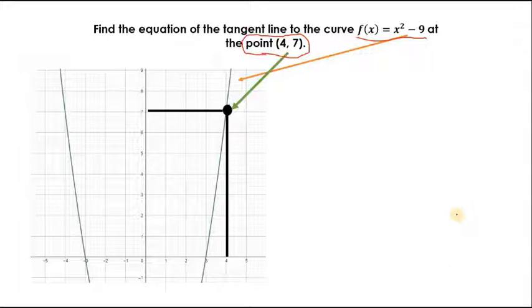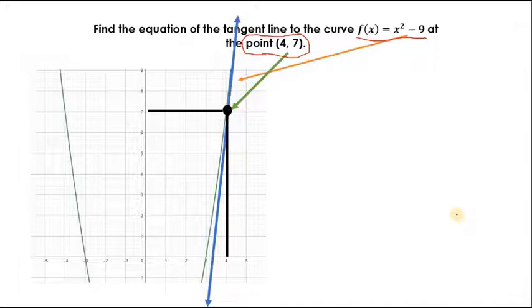So now, we are going to find the equation of the tangent line that touches at point 4, 7. In short, what is the equation of the tangent line that touches the point 4, 7? Point 4, 7 is the point of tangency where your tangent line touches.